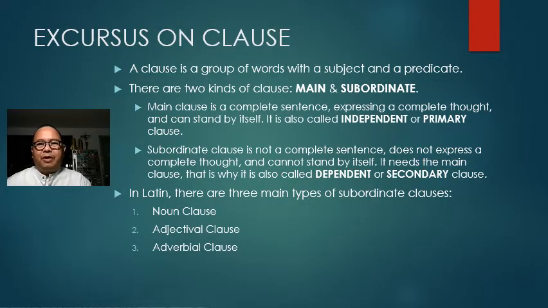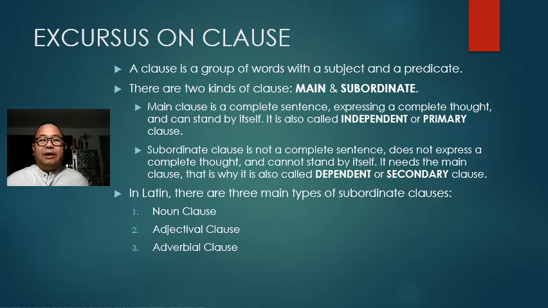Before we proceed to our review of the relative clause, let us have some excursus. Go back to what you have learned in your English grammar class and maybe in your earlier studies of Latin. In English, as in Latin, a clause is defined as a group of words with a subject and a predicate.